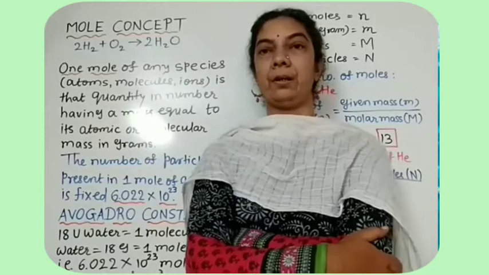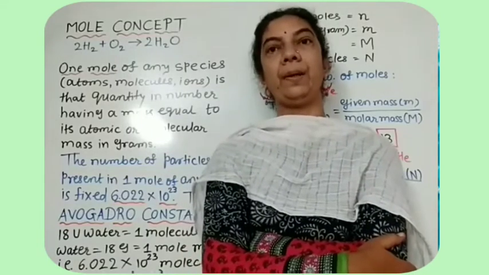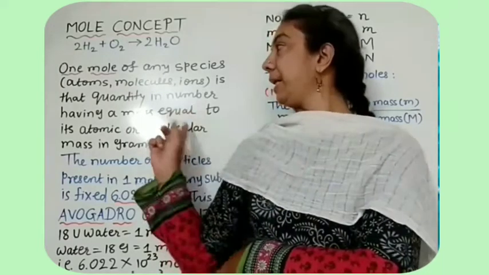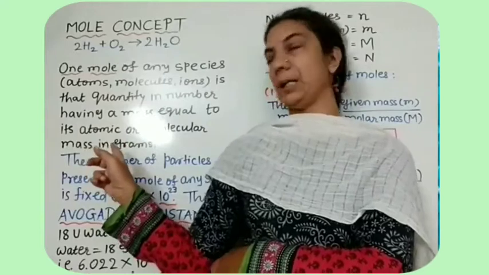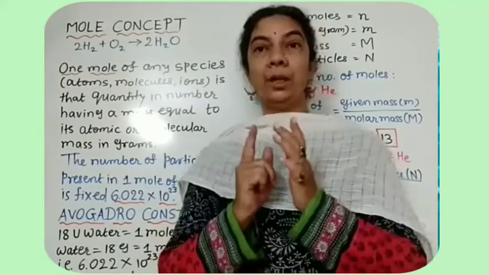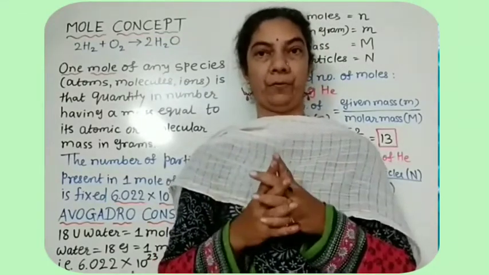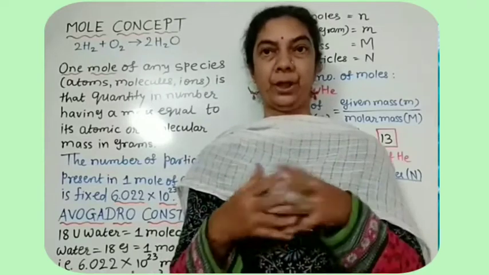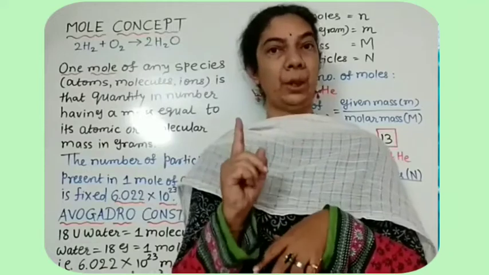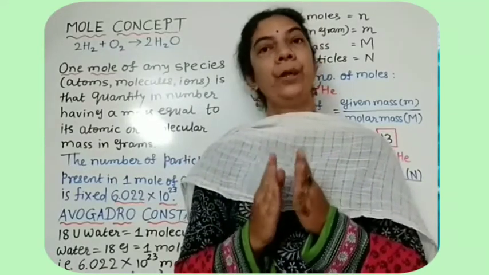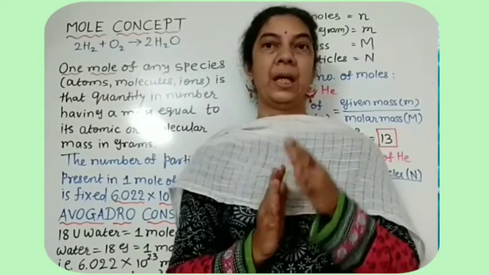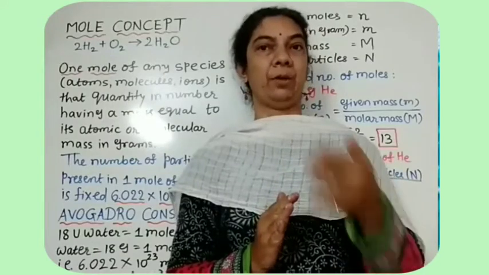As we have learned to calculate the molecular mass of any molecule, that we are taking as equivalent mass in grams. So to make 1 gram of hydrogen or 1 gram of nitrogen or the ions of oxygen, we will have the number of particles, the number of atoms, equivalent to its molecular mass.